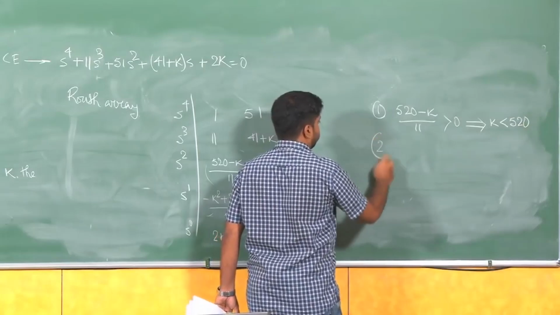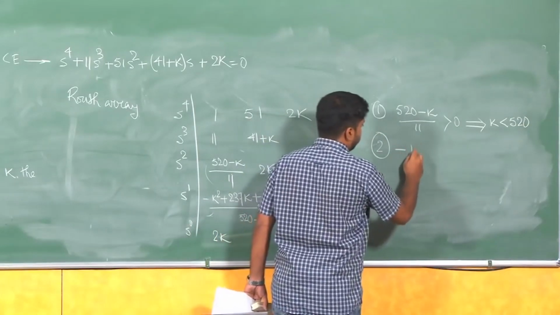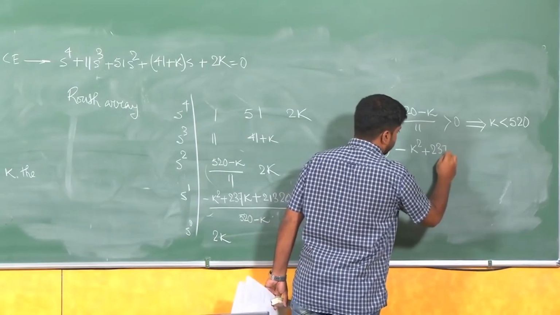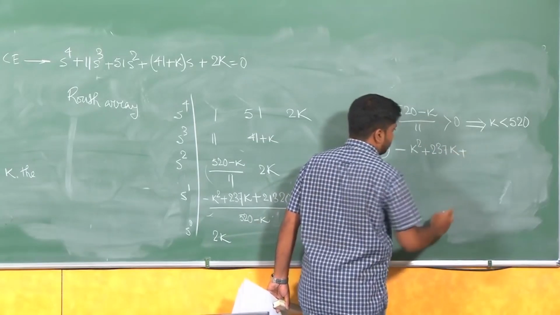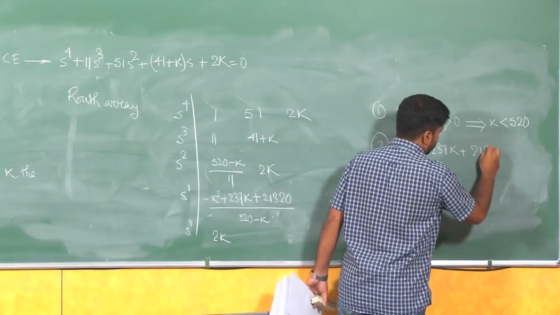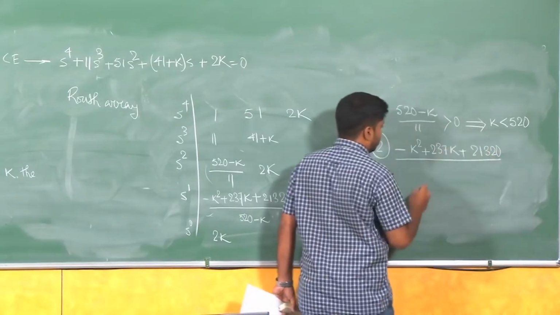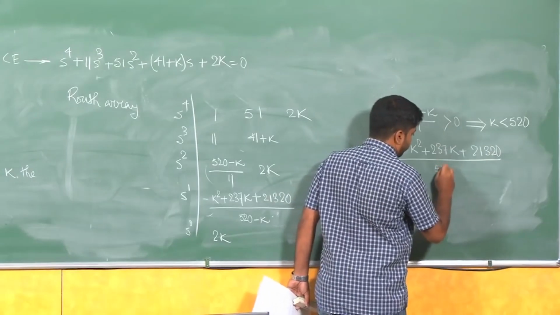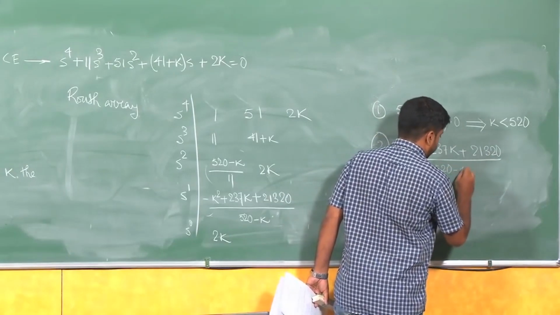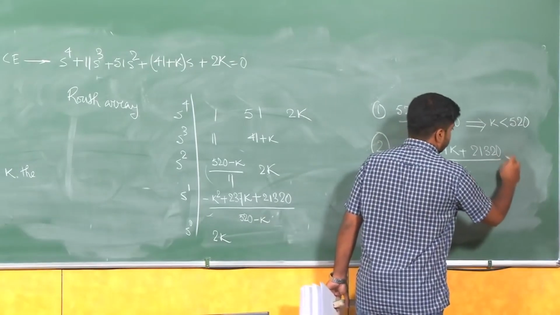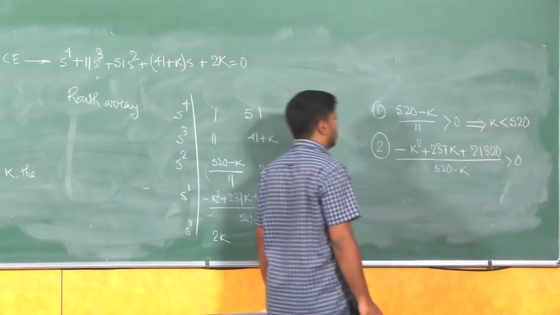Second condition is (minus K square plus 237K plus 21320) divided by (520 minus K) greater than 0.